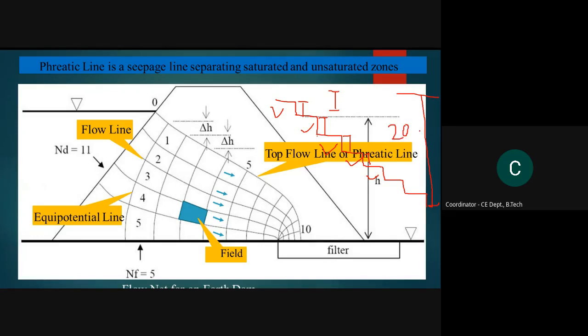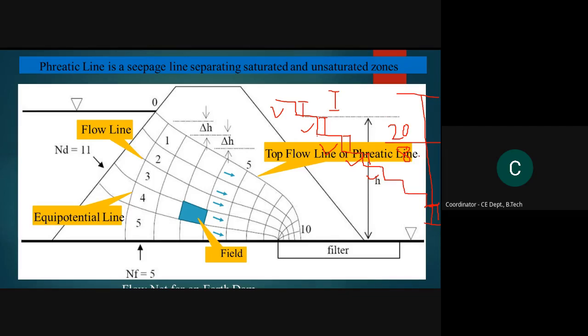I'm not considering any unit here. Let this be 20, and the number of rises is 1, 2, 3, 4, 5, 6, 7, and let me add another step to make it easier to evaluate. So 20 by 8 gives me 2.5.